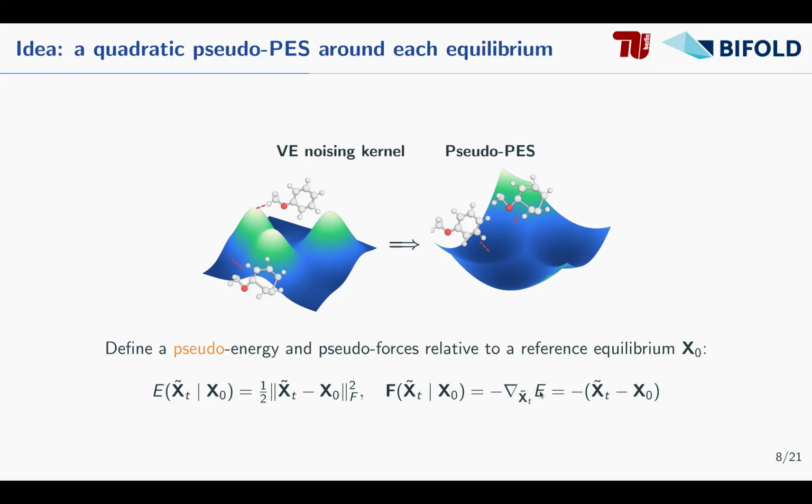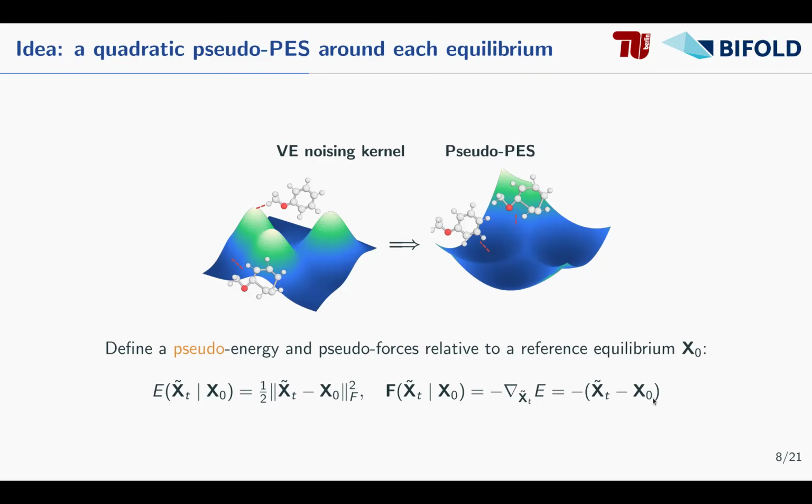If we had access to these pseudo-forces, we could easily recover the equilibrium structure x0 using the pseudo-forces and the positions of the noisy structure. But in practice, of course, if we have some random sample from somewhere, we don't know to which minimum it belongs. So we cannot just calculate this function if we don't have x0 at hand.